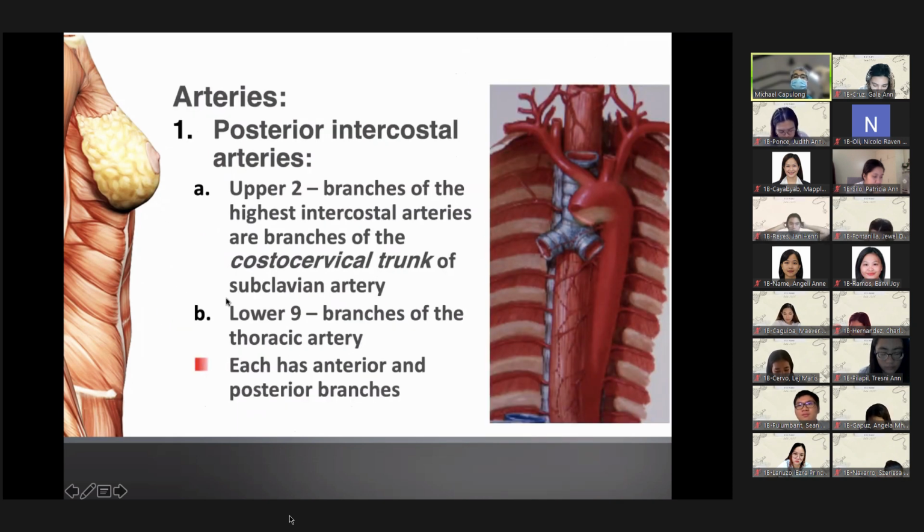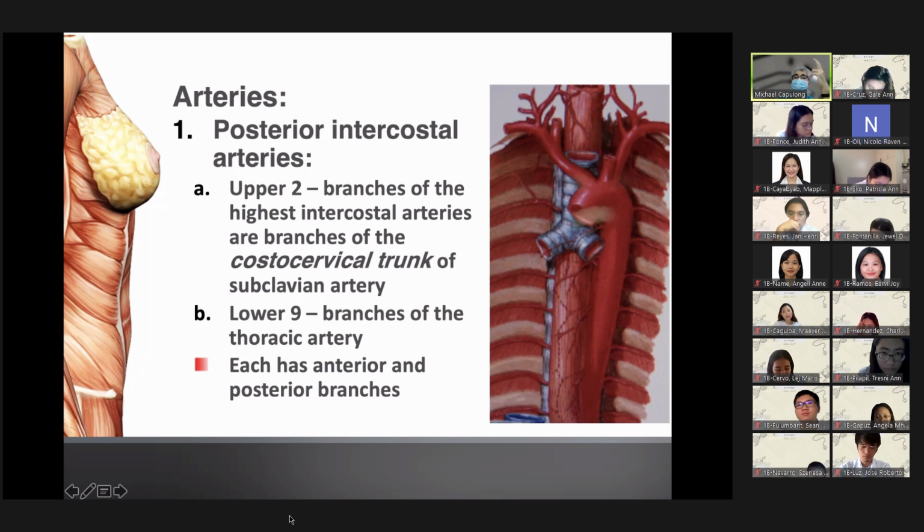Okay. Next, we go to the arteries. Okay. So what are the arteries that you see in the anterior thoracic wall? So number one, you have your posterior intercostal arteries. So this is made up of branches coming from your highest intercostal artery.